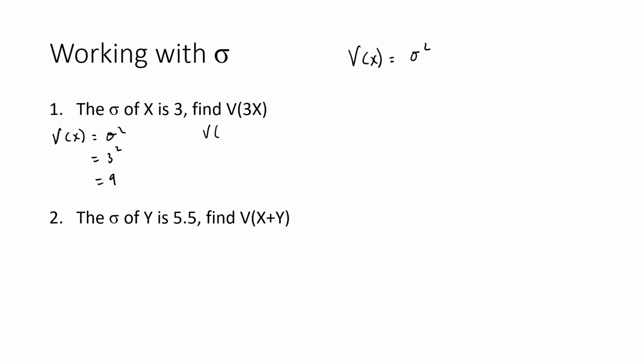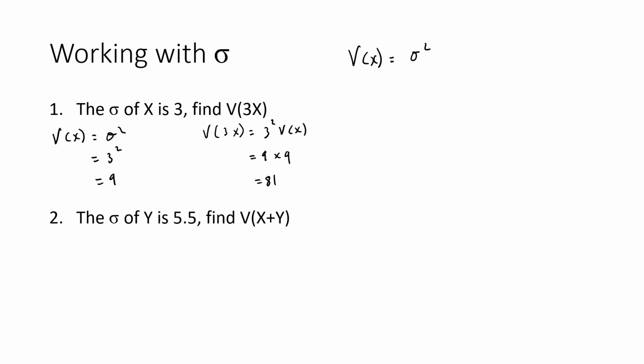Now we have V of 3x, and we want V of x on its own. So when we take out a 3, we square it. So it's 3 squared times V of x, which is 9 times 9, which is 81. So V of 3x is 81. Now if sigma of y is 5.5, find V of x plus y.